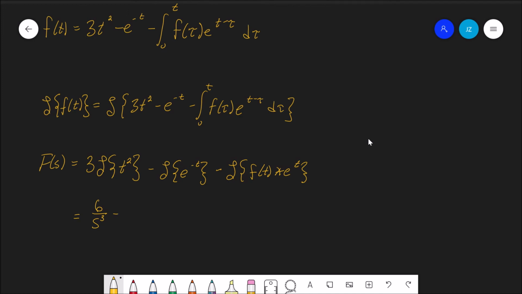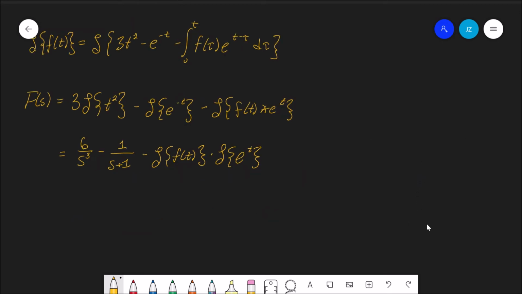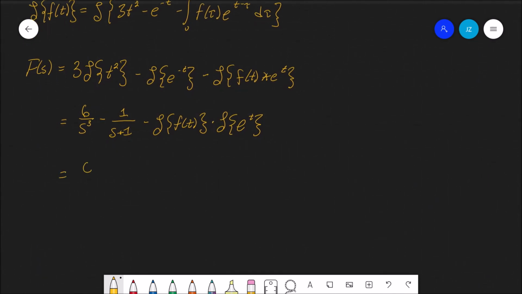minus 1 over s plus 1 minus, now the convolution theorem says this will be the Laplace transform of f of t times the Laplace transform of e to the t. So we're going to get minus big F of s times 1 over s minus 1.